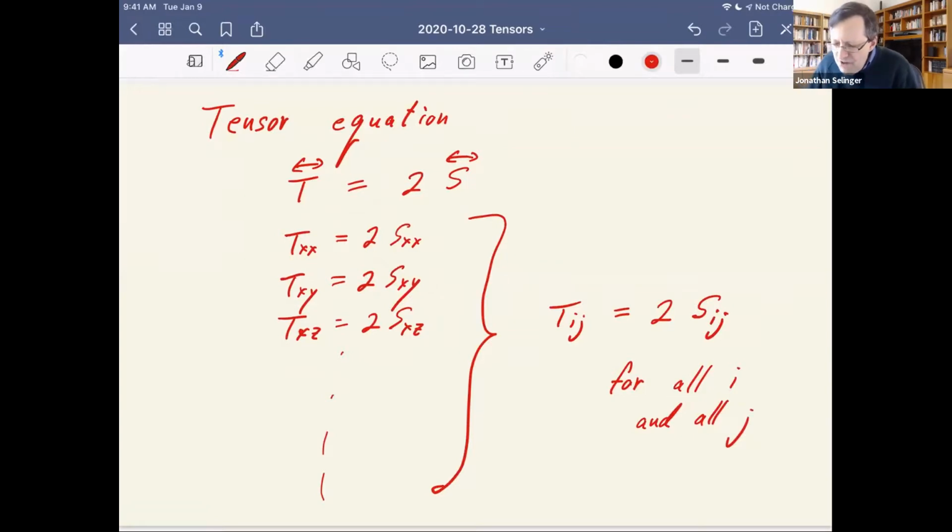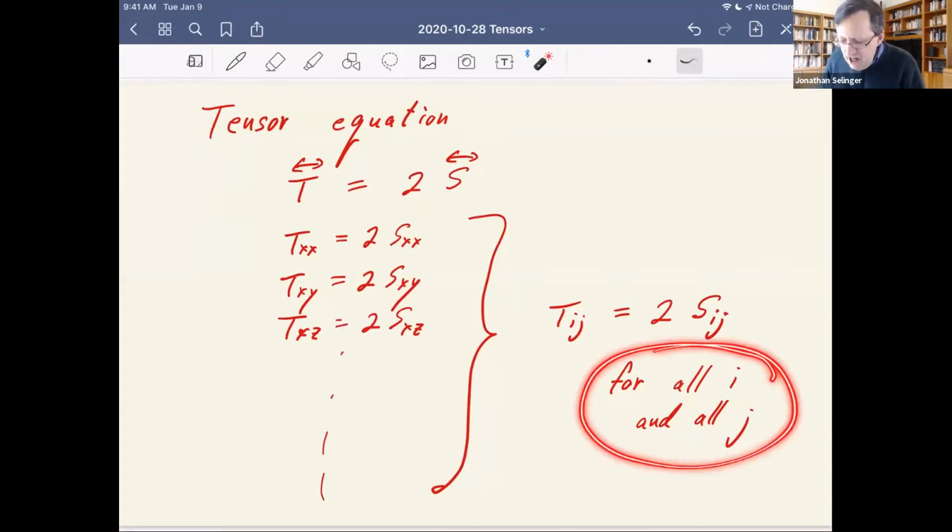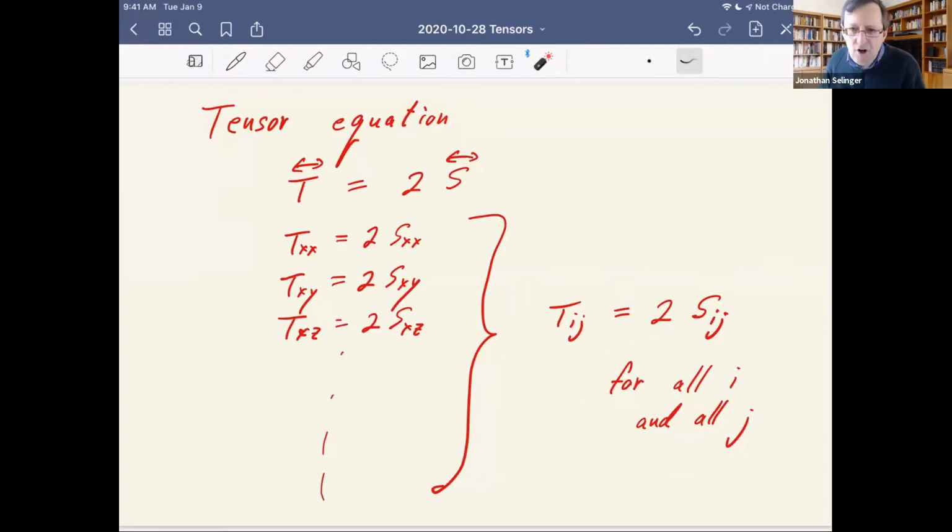So sometimes people would say this explicitly, for all i and for all j. But normally people don't bother to say it, but it's still implicitly true.